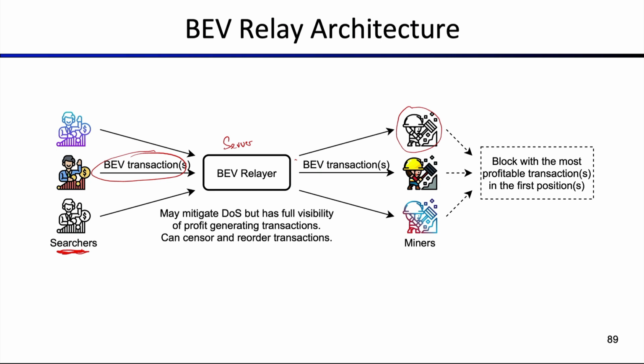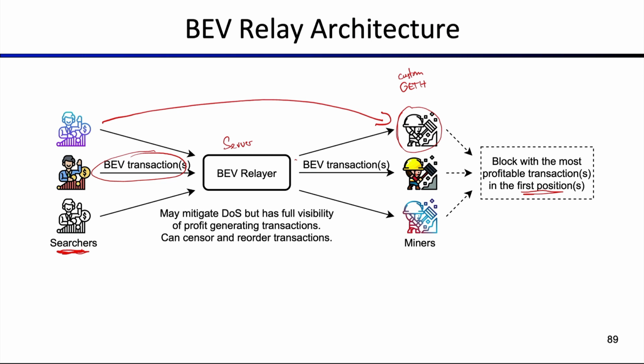The miners are running a custom Geth client to sort these transactions and then mine the transactions that are the most profitable, so they will be put in the first block positions. It's quite important to note that this BEV relayer may mitigate denial of service attacks against the miners, but technically you could have a direct link to a miner instead.